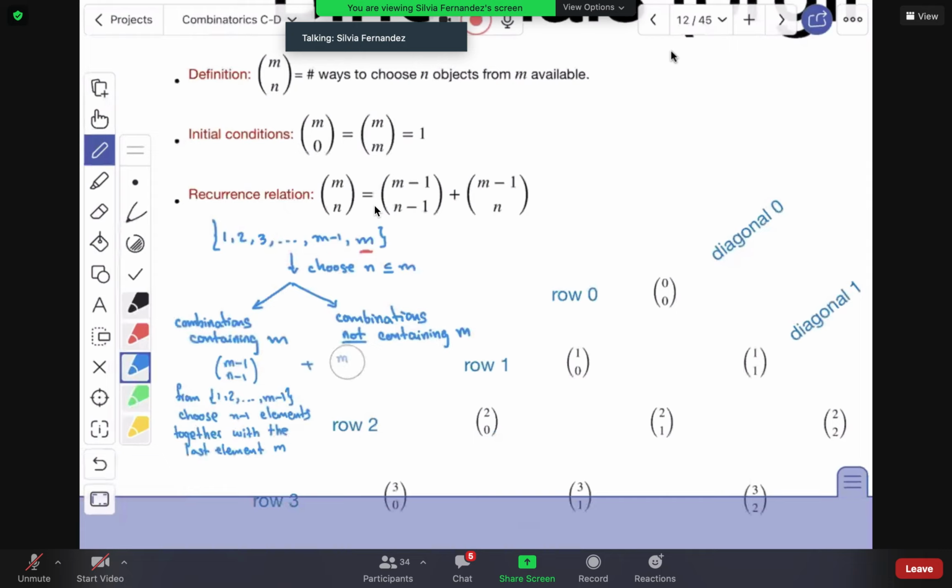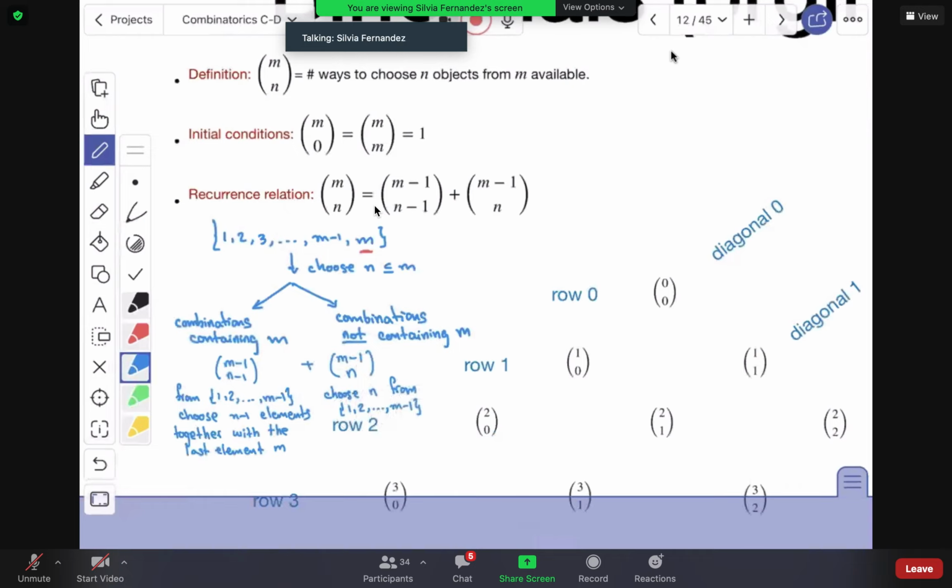That means that from the remaining m minus 1, you just choose n. So your combinations are not using m.